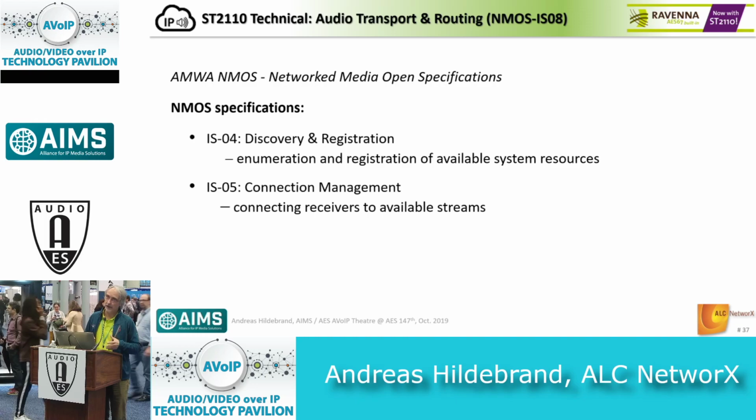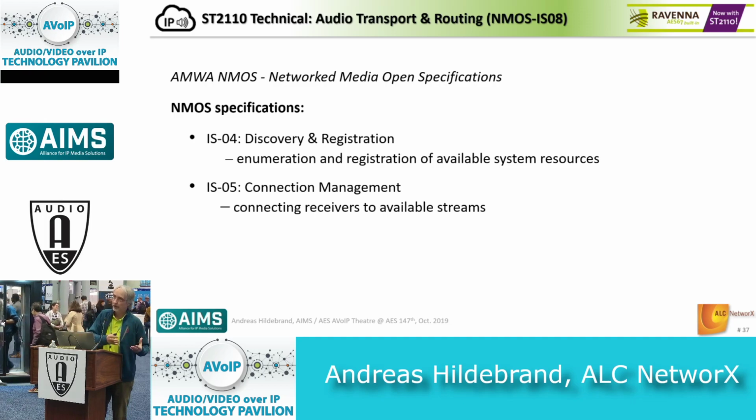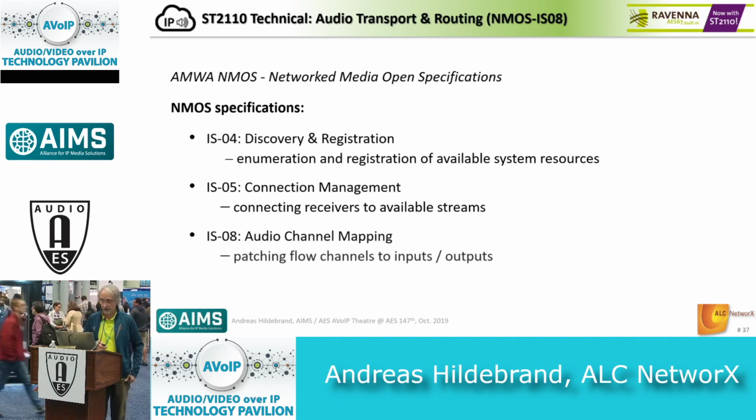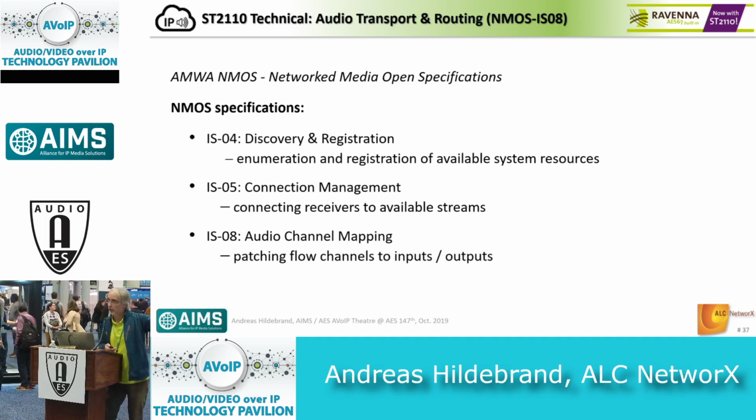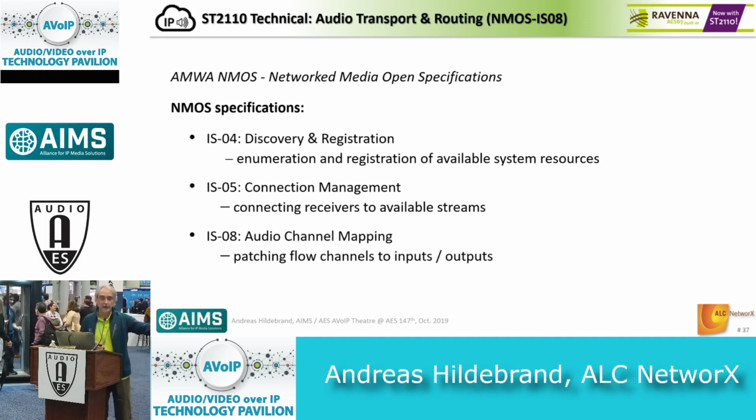IS-05 is a specification which touches on connection management, so that allows receiving endpoints to actually subscribe to available streams through the mechanisms defined with the discovery and registration system. And then we have another specification. You see there are two missing. IS-06 and IS-07 are not covering this particular functionality, but IS-08 is audio channel mapping.